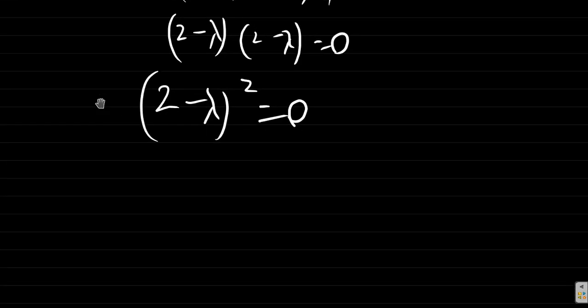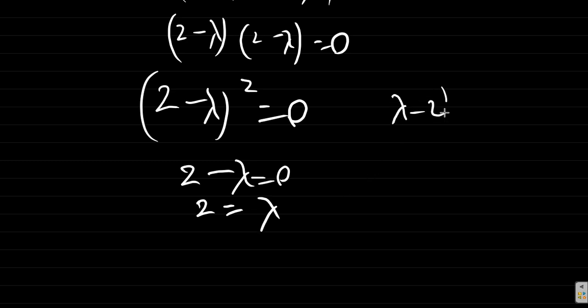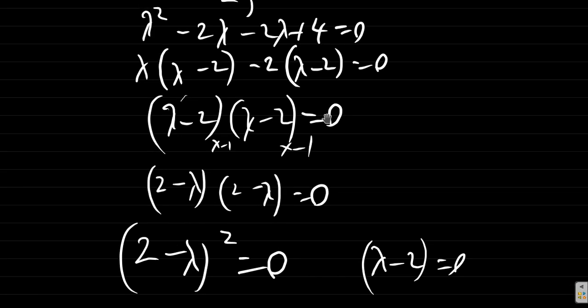When you square root both sides, you're going to get 2 minus lambda equals 0. So 2 is equal to lambda. Or if you had said lambda minus 2 equals 0, then lambda would be equal to 2, right? So lambda is 2. The eigenvalue is 2.